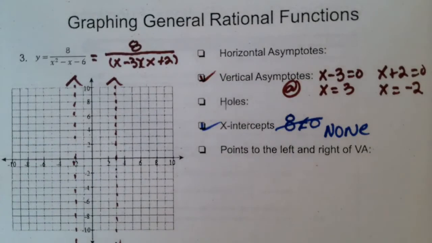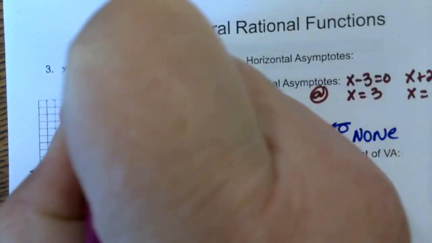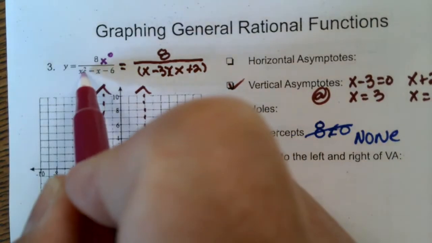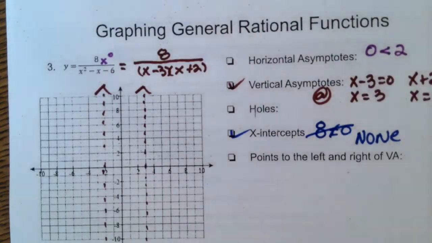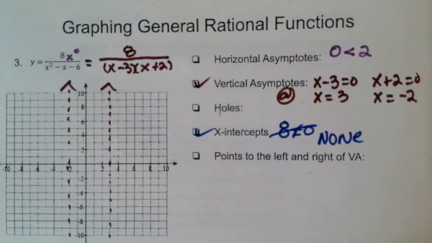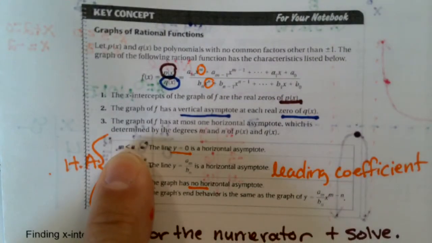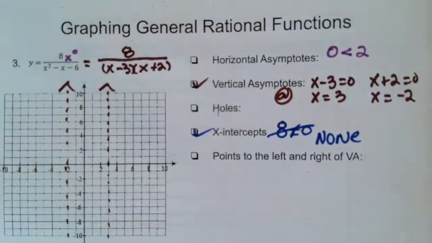Now we're going to look at our horizontal asymptotes. So remember, for the horizontal asymptotes, we are looking at our degrees. This one, remember, is the same as a degree of 0. This is a degree of 0 and 2. So the numerator is less than the denominator in terms of degree. And that tells us on our chart, when the numerator is less than the denominator, that y equals 0 is our horizontal asymptote.